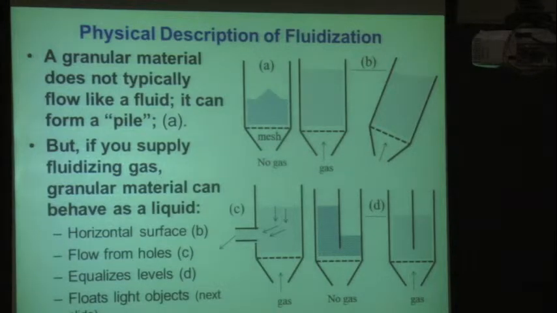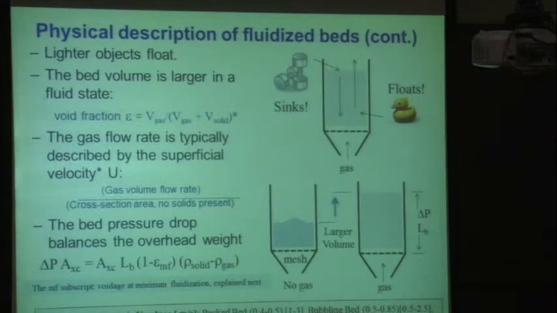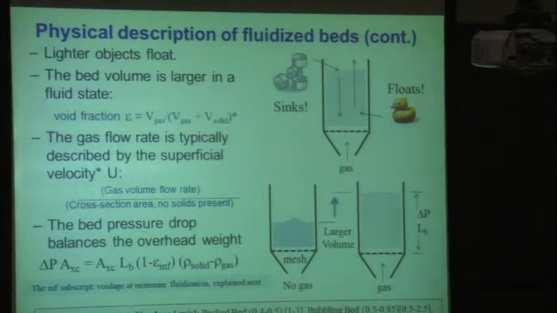And interestingly, you don't think of this initially, but that also means that light objects will float in fluidized environments. So I'm showing a fluidized bed there. If I had a heavy weight and threw it in, it would sink to the bottom. If I started with an inflatable rubber ducky in here and fluidized it, it'll pop out of the top.